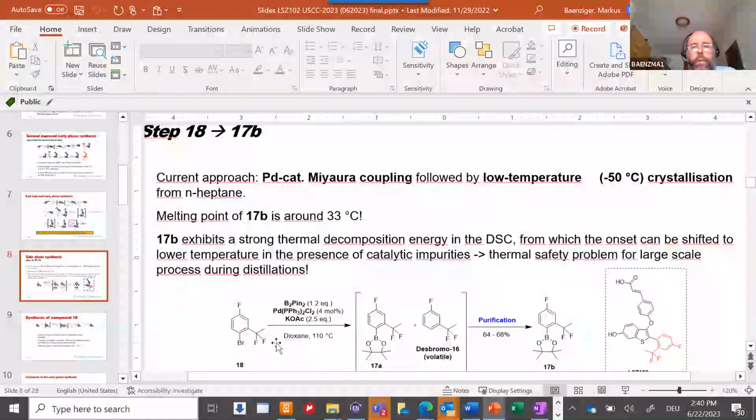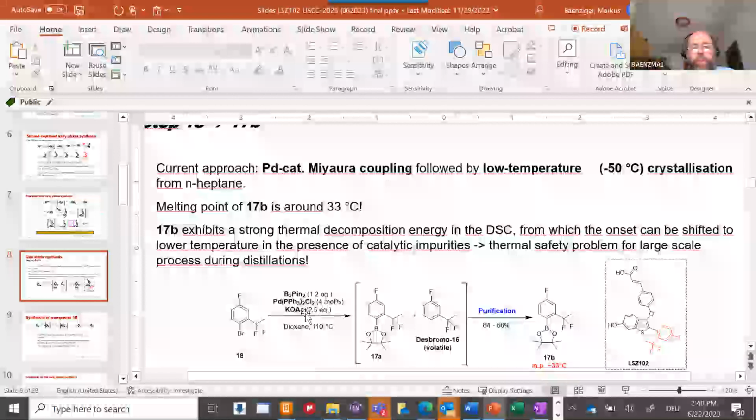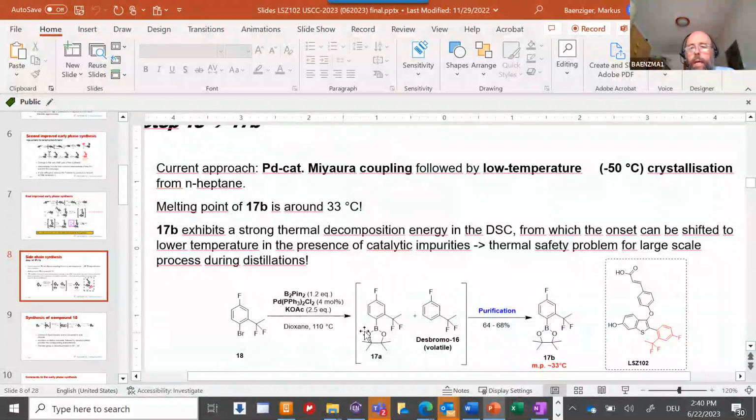And so the side chain, as the final steps actually. The Miyaura coupling went with bis(pinacolato)diboron and palladium bis(triphenylphosphine) dichloride, potassium acetate in dioxane. So we could isolate this 17.8, which was then purified by low temperature crystallization from heptane.